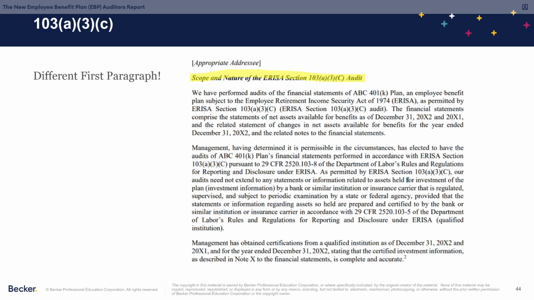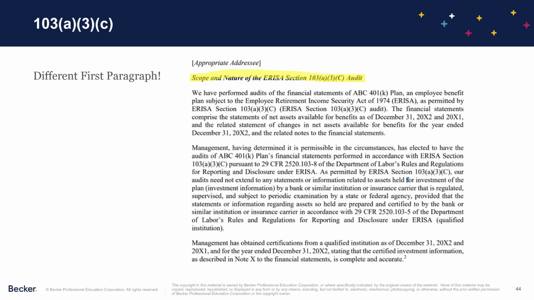The financial statements comprise the statement of net assets available for benefits and the related statement of changes in net assets available for benefits for the year then ended. Basically, we start off with the normal first paragraph: we name the client, we name the report, and we name the period of time. So we do start pretty similarly.